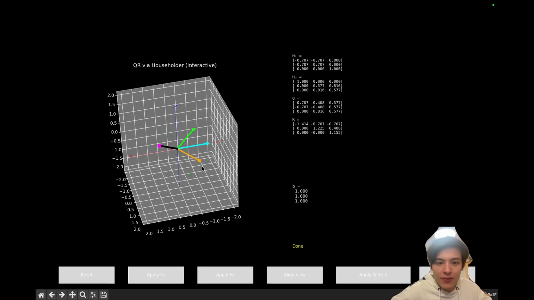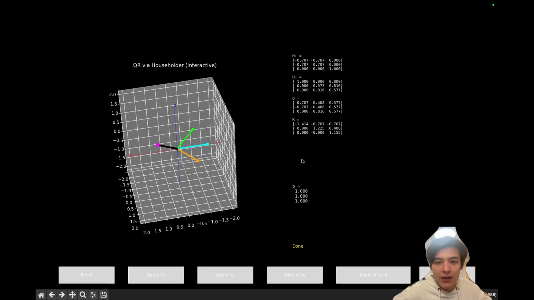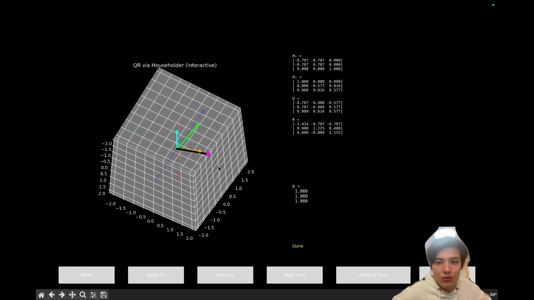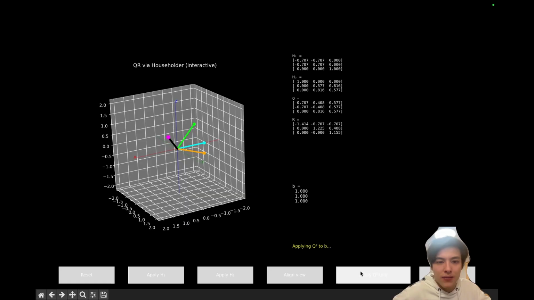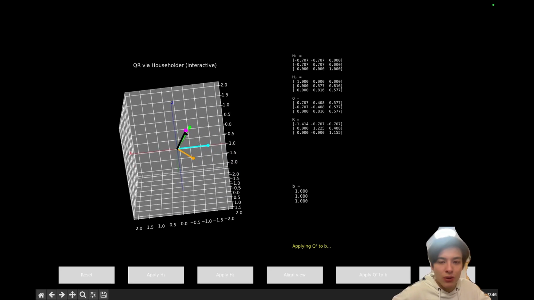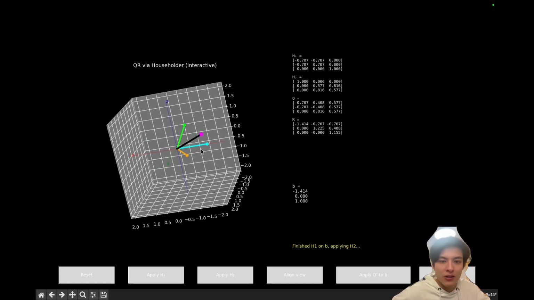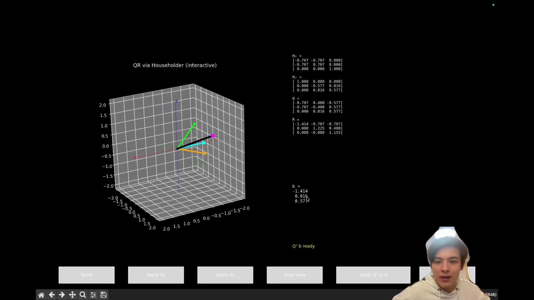And then we can apply Qt to B. So that's how, when we solve it and apply Qt to B, it will be here, right? So our B would then look like this, and then we can just solve using substitution. This is the R that we have, right?